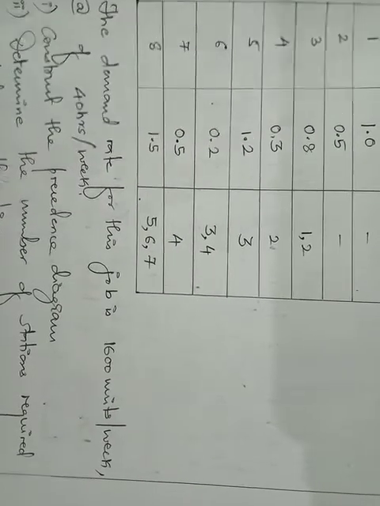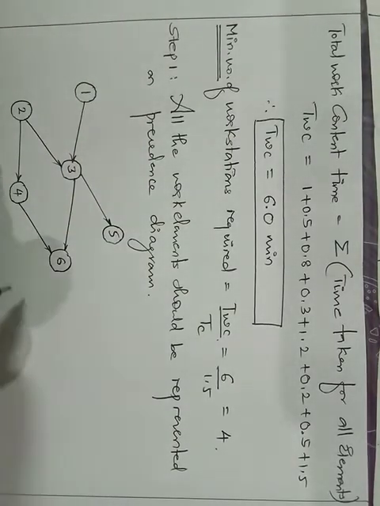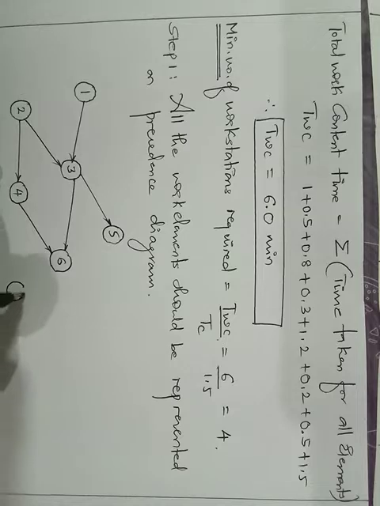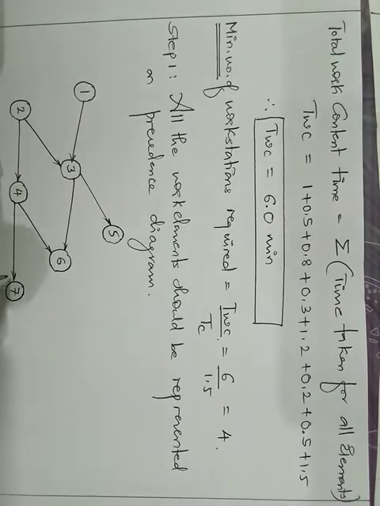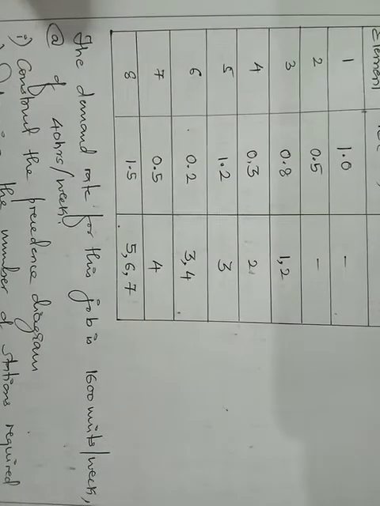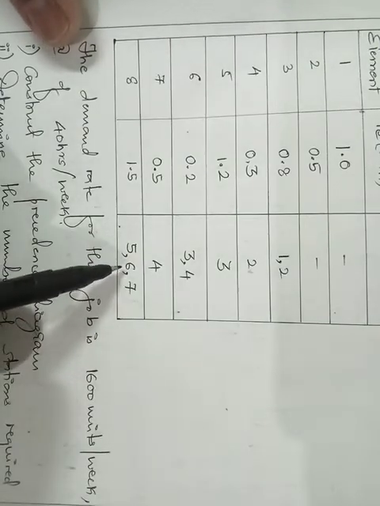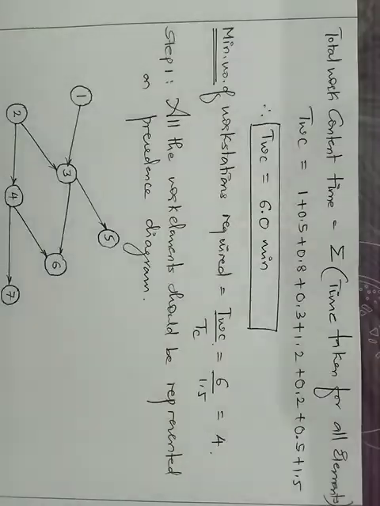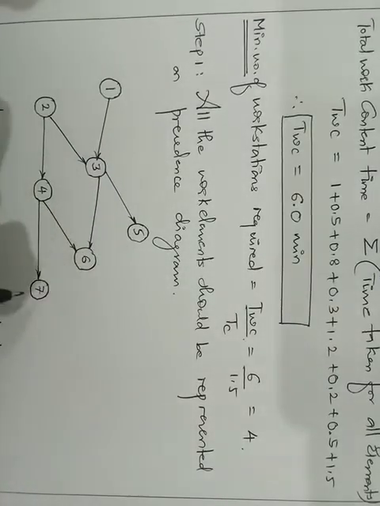Work element number 7, the predecessor is 4. So where is 4? This is 4. If this should become the predecessor, then 7 should come here at this point. And at last you have work element number 8, which has 3 predecessors: 5, 6, 7.